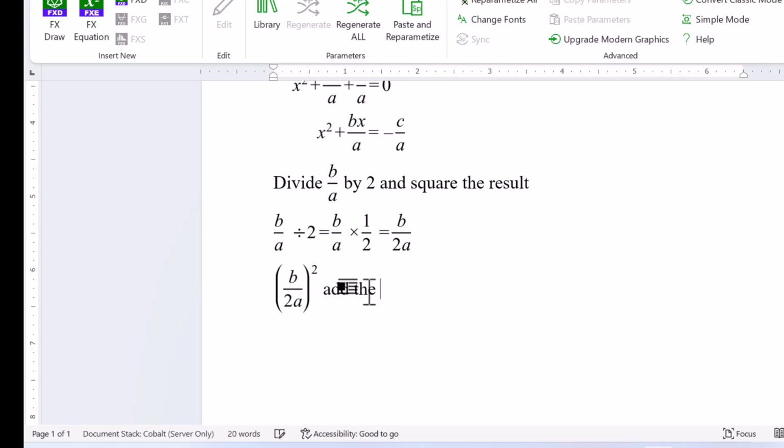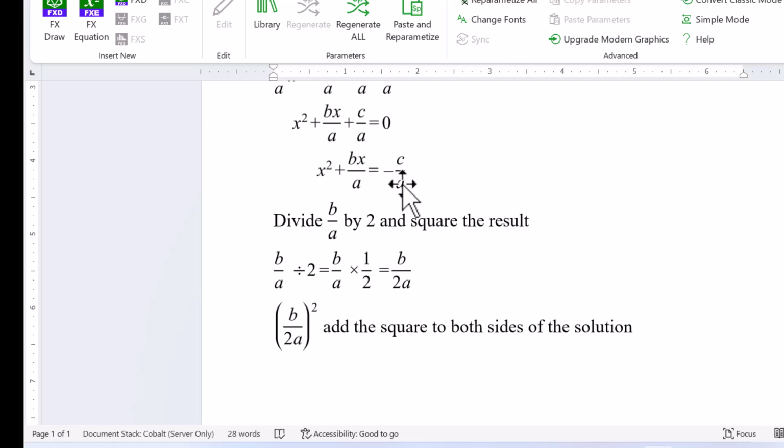I'm going to add the square now, to both sides of the solution now. So what solution now? This solution where I stopped. So I'm going to continue from here. Where I stopped here, I'm going to add b over 2a squared to both sides.